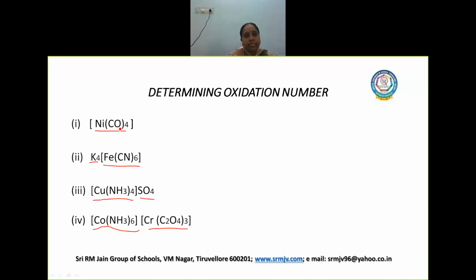Is it clear, children? Before determining the oxidation number, we first have to check what type of complex we have and how it can be dissociated, so that it will be easy to determine the oxidation number of the central metal atom. In this first case, the metal as well as the ligands are present in the same sphere, so it cannot be dissociated.